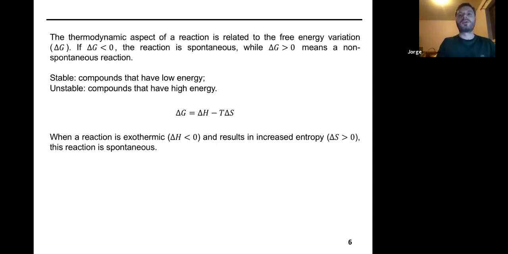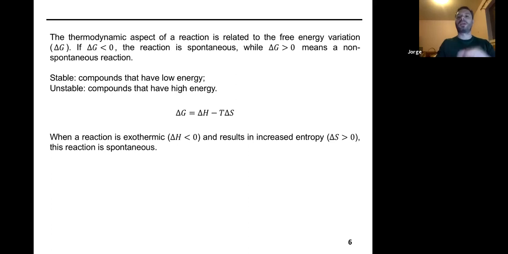Okay, so now let's move on to the thermodynamic part of reactions. The thermodynamic aspect of a reaction is related to the free energy variation, or delta G. Remember, if delta G is negative, the reaction is spontaneous, while delta G positive means a non-spontaneous reaction.